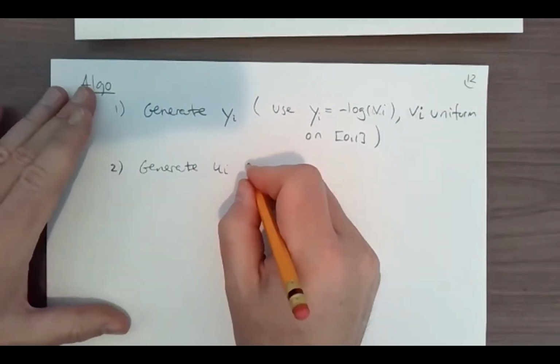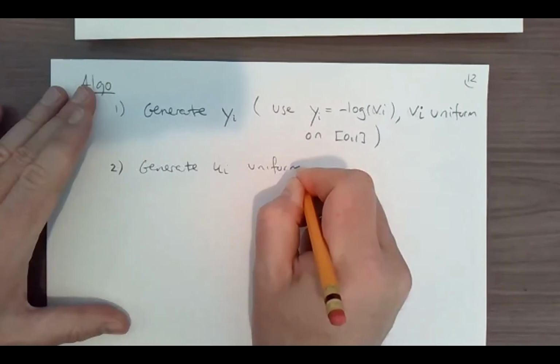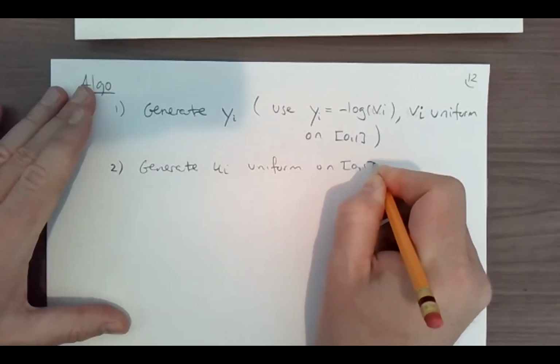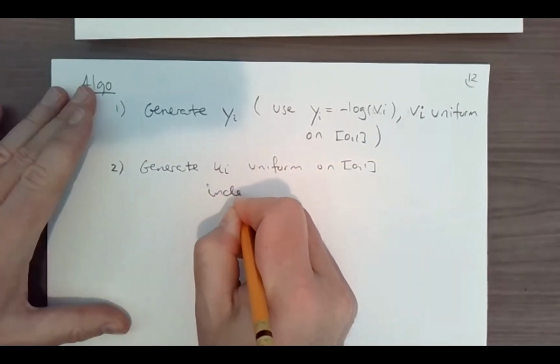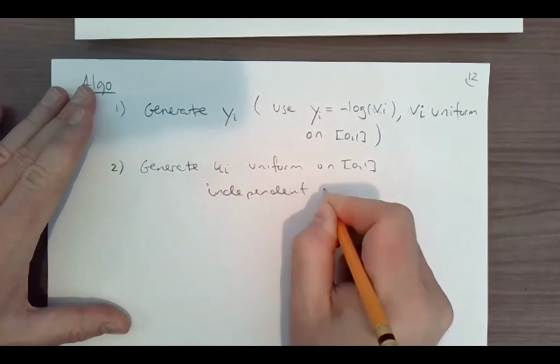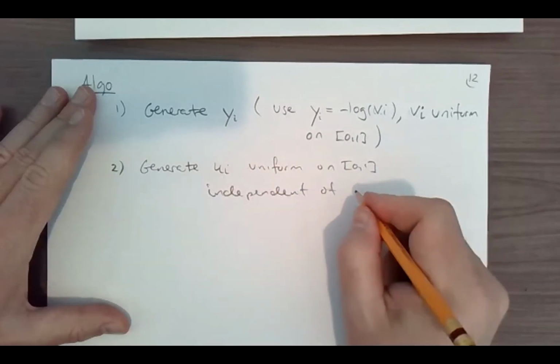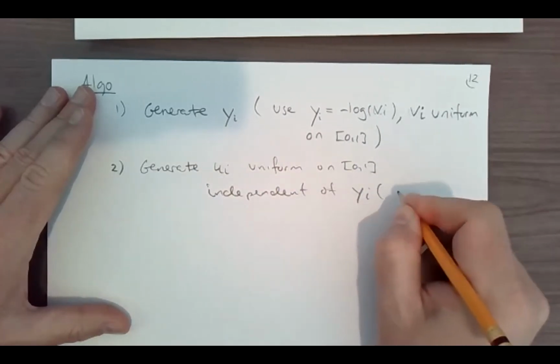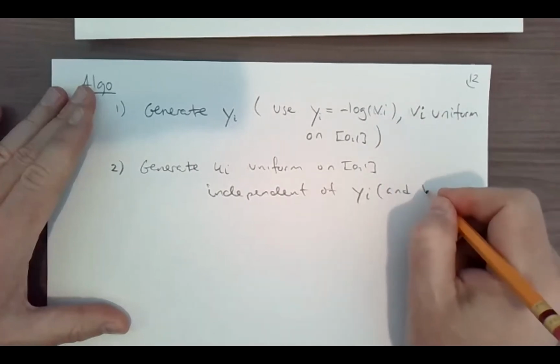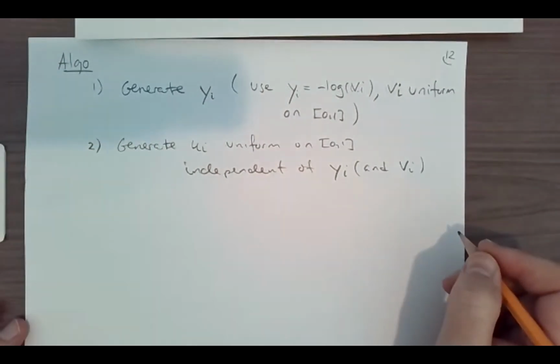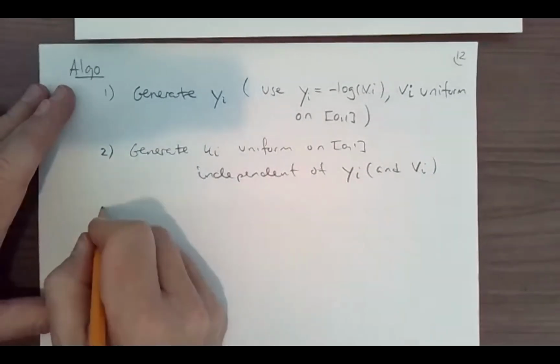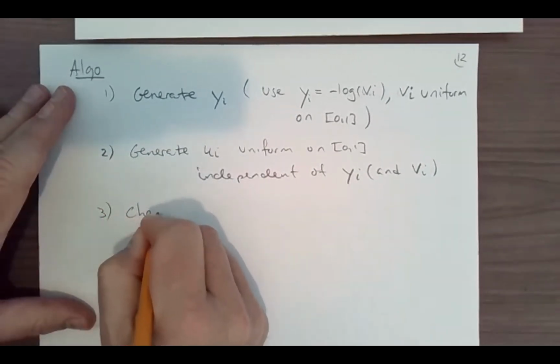Generate V. This is also uniform on 0, 1, and independent of Y. And then you do the check.